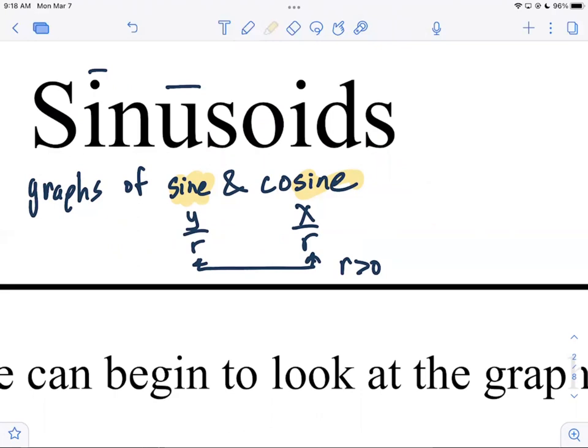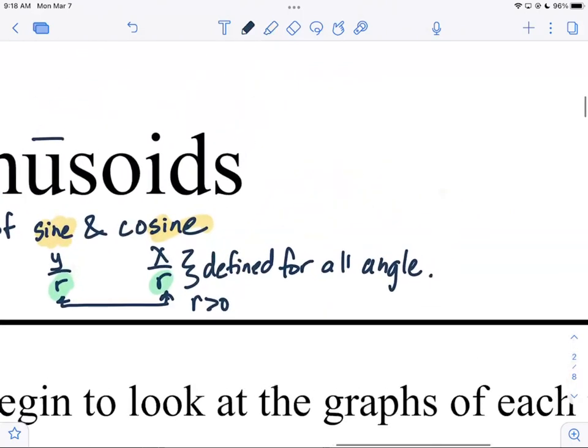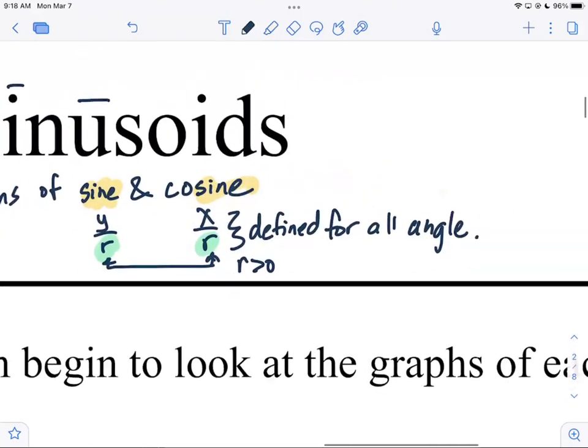But because these are the only 2 that have r in the denominator and r can never be 0, these ratios are defined for all angles. Every single angle is going to have a sine or a cosine. In other words, there will be no D and E. As we were practicing the other day, sometimes we said cosecant of an angle is D and E, or cotangent of an angle is D and E. You're never going to say sine or cosine of any angle is D and E.